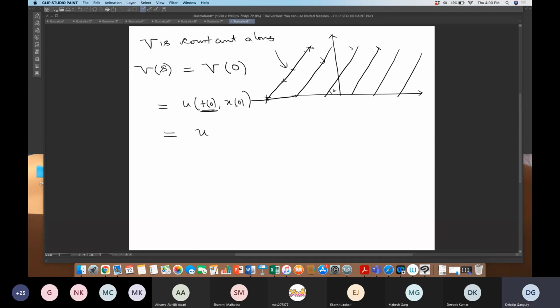Gamma S is (T(S), X(S)), a straight line joining from here, with slope A. It should hit at T naught. T naught should be 0 because it is hitting the x-axis, right?